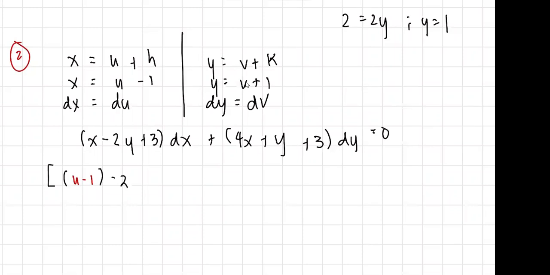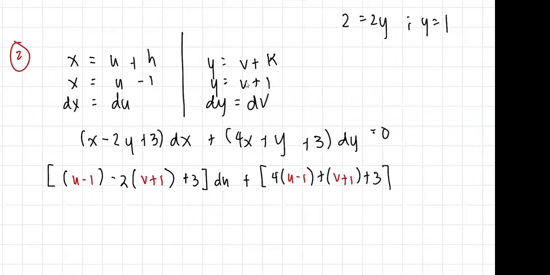Minus 2 times yung y natin is (v + 1), plus 3. Okay? Then dx natin is magiging du, plus 4 times yung value of x is (u - 1). Okay? Plus value of y is (v + 1), so plus 3. dy natin is dv.